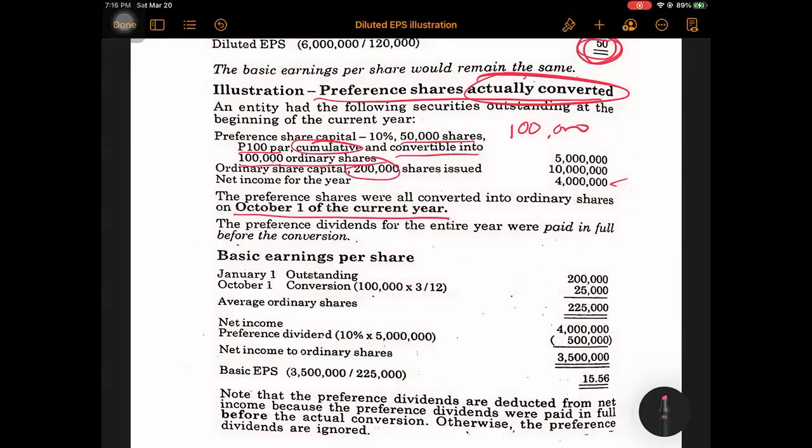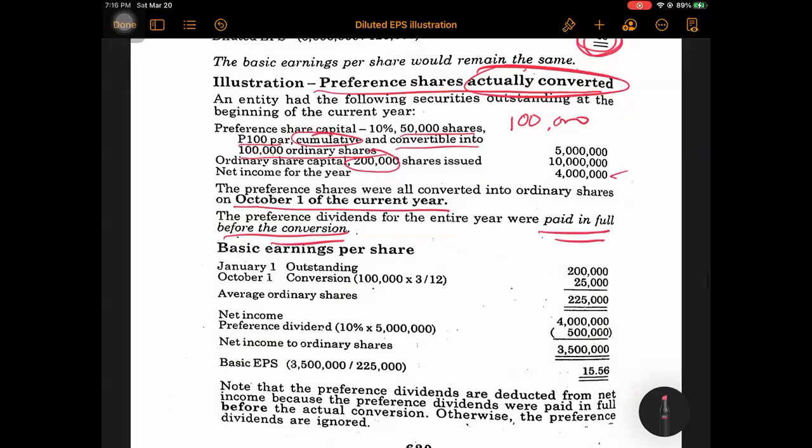Therefore, there is actual conversion of the preference shares. The preference dividends for the entire year were paid in full before the conversion. So in this case, they already paid all the preference shareholders before they converted the preference share into ordinary share. Okay, so what's the effect in the computation of our basic earnings per share?